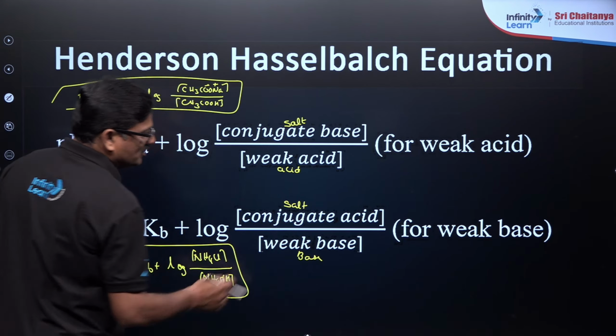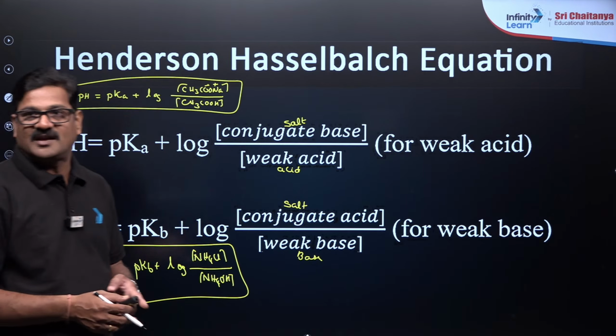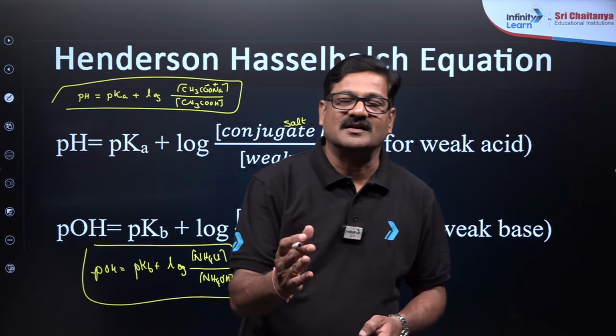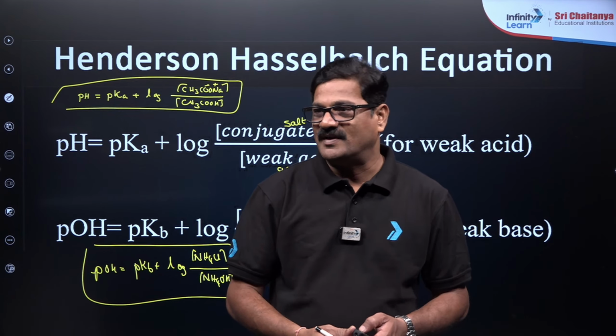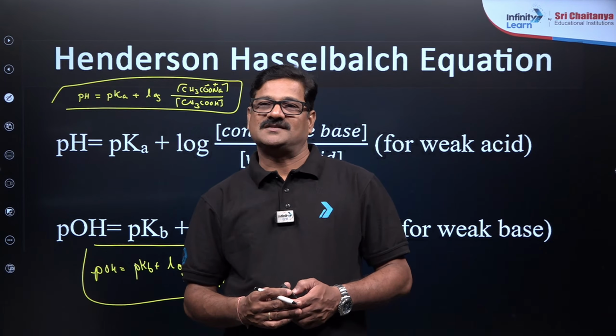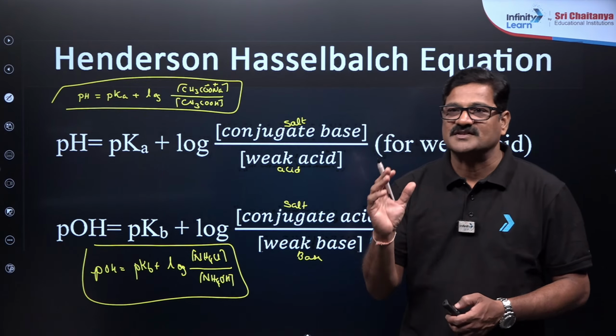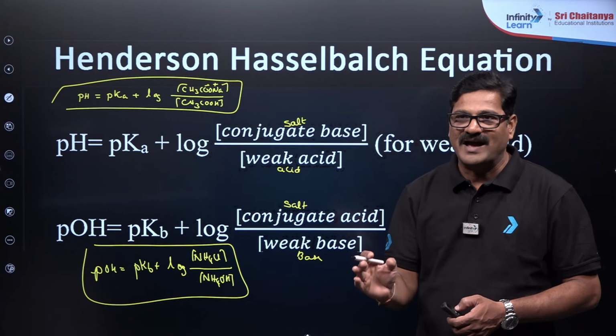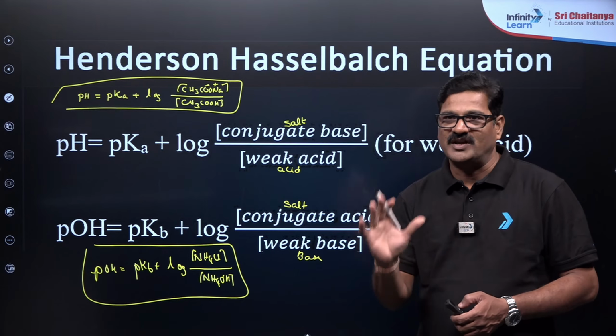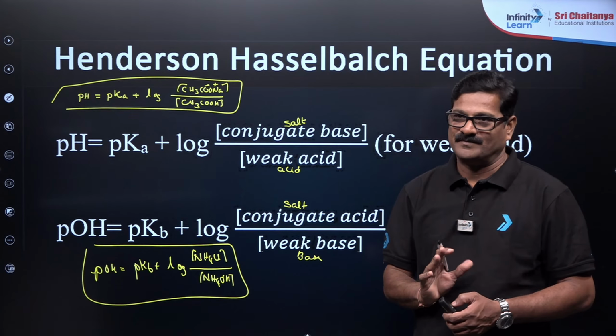You can take ammonium chloride and ammonium hydroxide. In the examination, you will be given their respective Ka, Kb values, and you can calculate the pH values. So this is about the calculation of the pH of a buffer. This equation is known as the Henderson-Hasselbalch equation, or simply the Henderson equation.